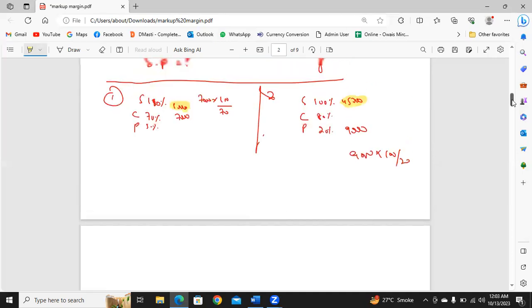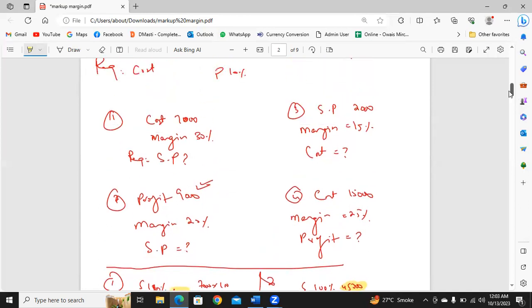Okay, now the next one. We have selling price as 2,000 and margin is 15%.